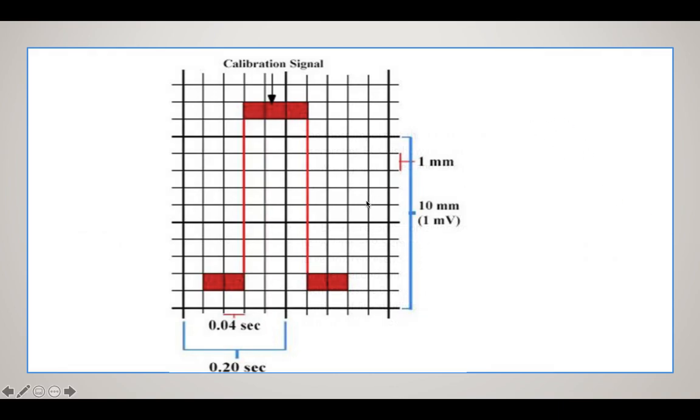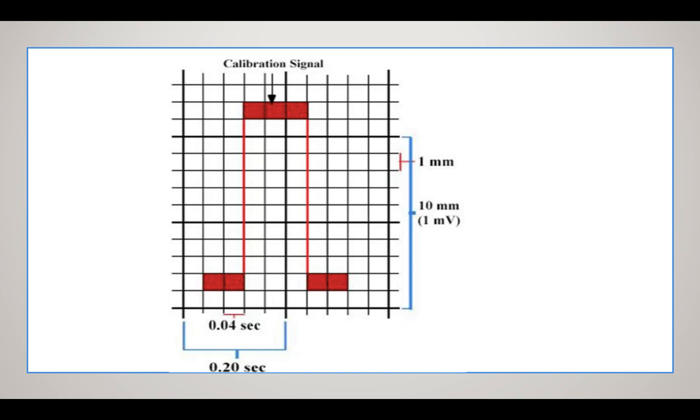In the picture, we have these big boxes outlined by dark black lines. Horizontally, each big box illustrates a duration of 0.20 seconds at a typical paper speed of 25 mm per second.